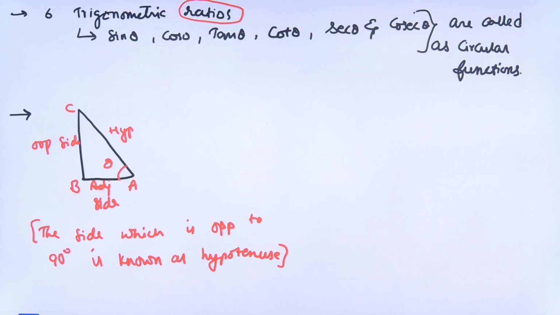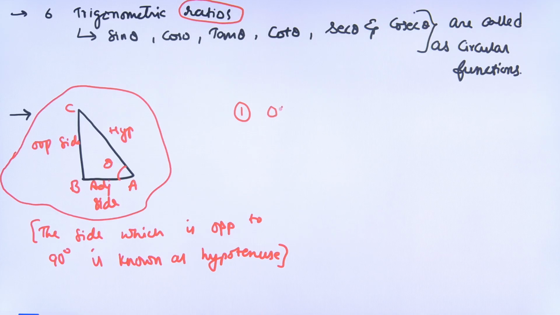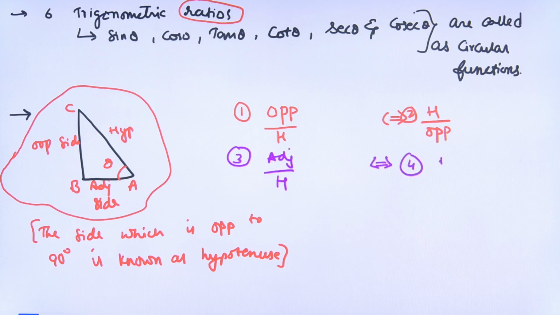Now you see students, how many ratios can I find from this. First one, can I write opposite by hypotenuse and its reciprocal, hypotenuse by opposite? Next combination, can I write adjacent by hypotenuse and hypotenuse by adjacent?